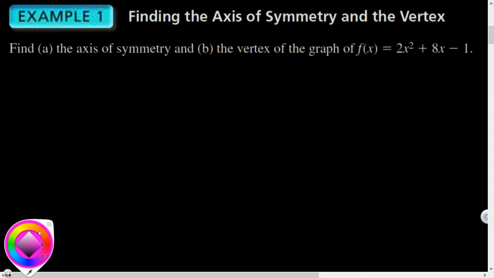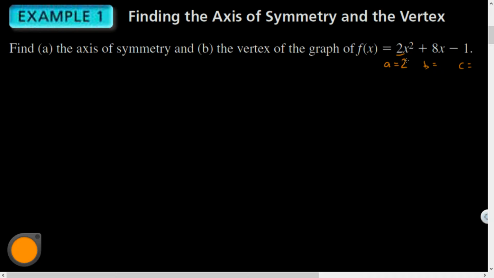So the first thing I'm going to ask us to do: could you tell me what A, B, and C are for this graph? This is why this is so important. A is just the 2.